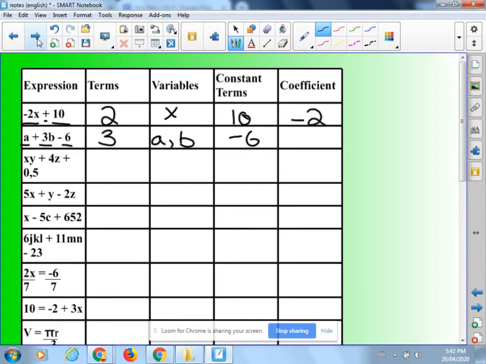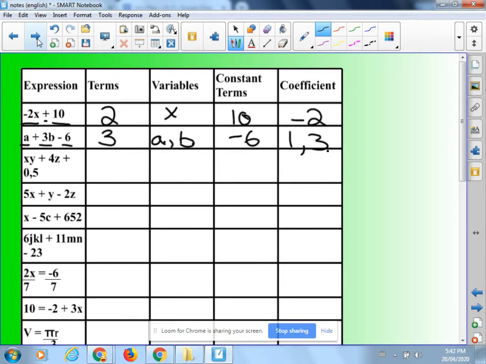I have to keep the symbol. And my coefficient, by the A, if there is nothing there, we say there is a 1. And next to the B, I do have 3. So if I have 2 variables, I need to have 2 coefficients, unless it's the same number.